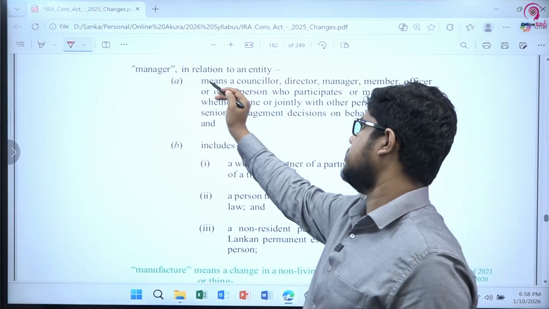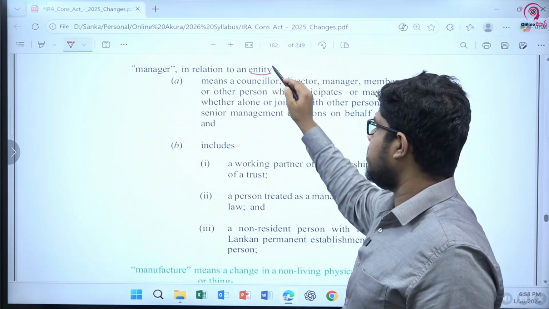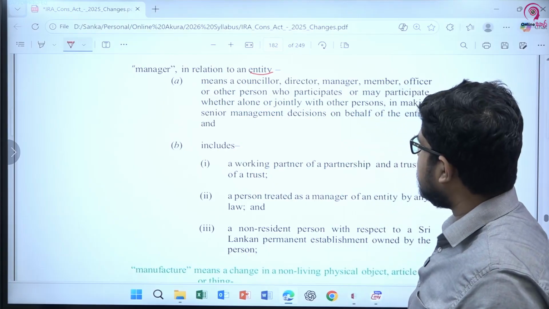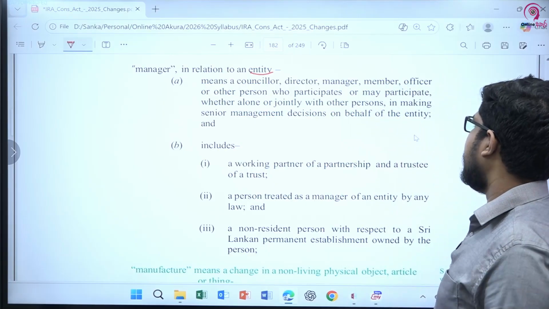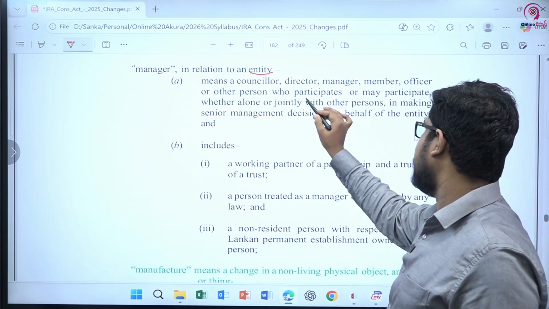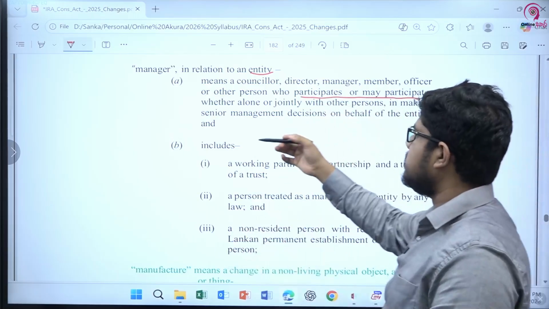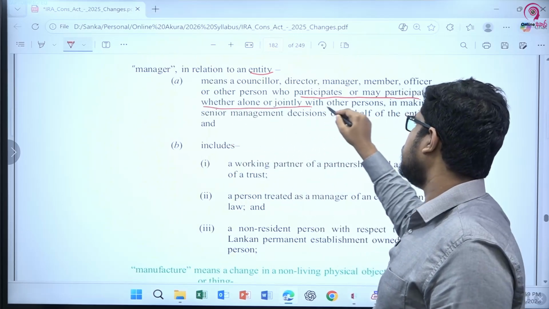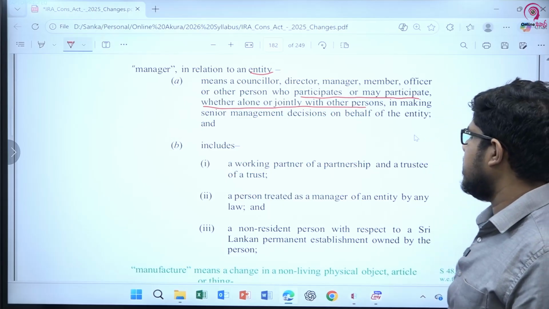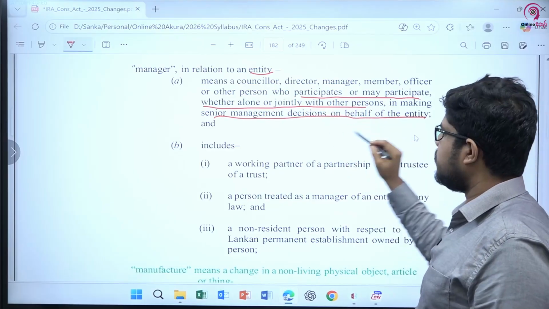Unless context otherwise requires, manager in relation to an entity, company, partnership or trust, means a counselor, director, manager, member, officer or other person who participates, already participates or in future may participate, whether alone or jointly with other persons, in making senior management decisions on behalf of the entity.